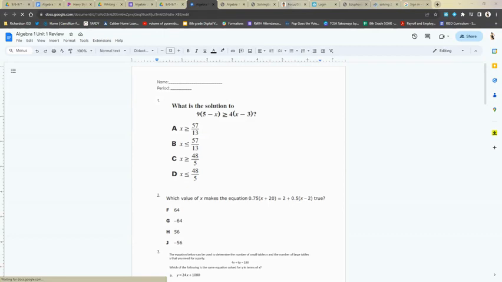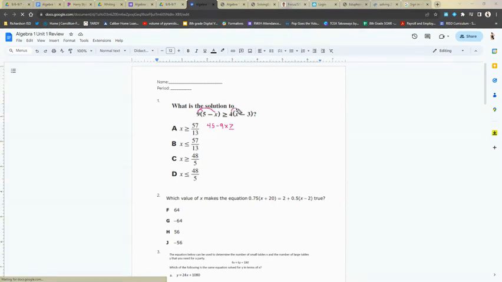So step one is you're going to do distributive property. What you're going to do is multiply each term inside the parentheses. So that's going to look like this: 45 minus 9x is greater than or equal to.